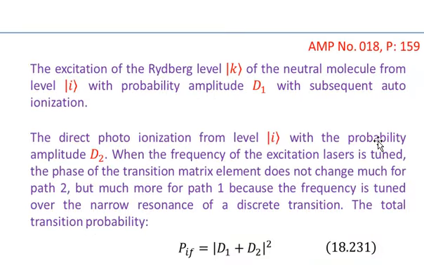Now I am going to explain this figure with the help of these paragraphs. The excitation of the Rydberg level, that is the K state of the neutral molecule, from the level I with the probability amplitude D1, with the subsequent autoionization. So you see that the K state of the neutral atom will be raised from the I state using the probability amplitude D1.